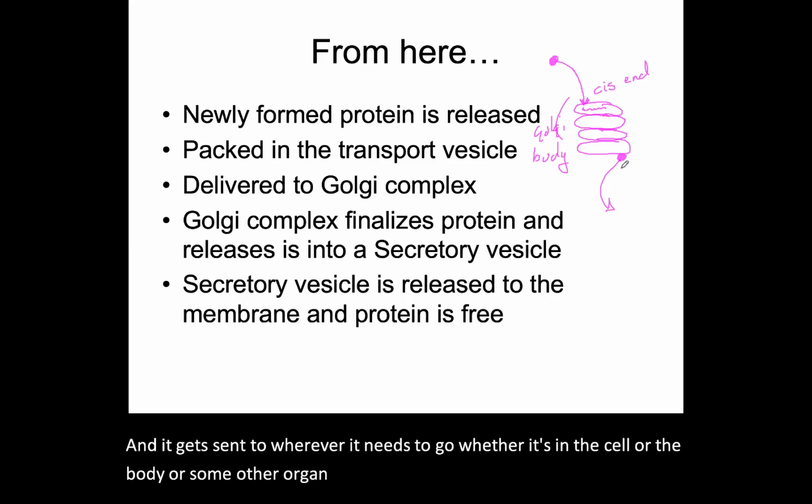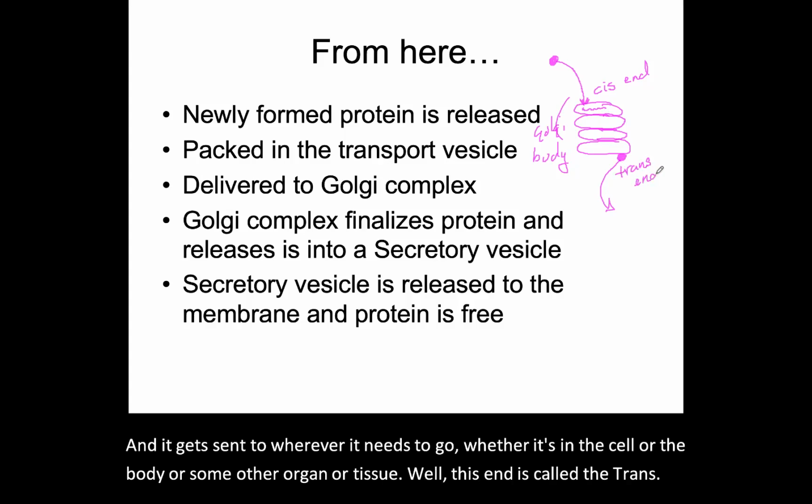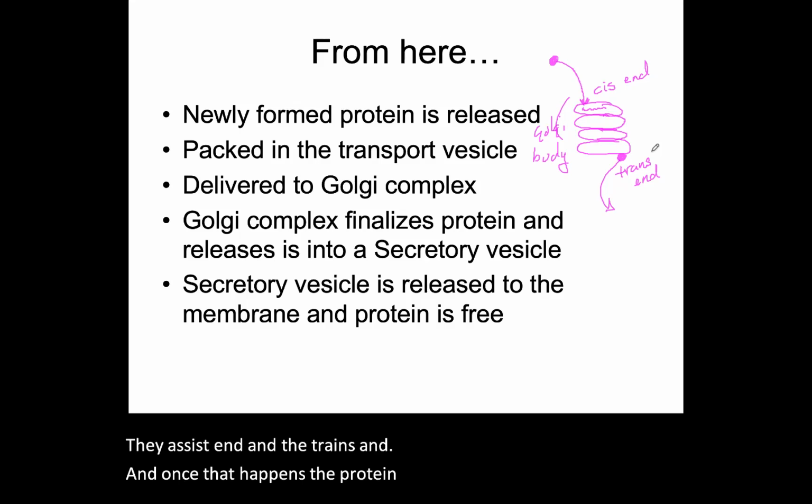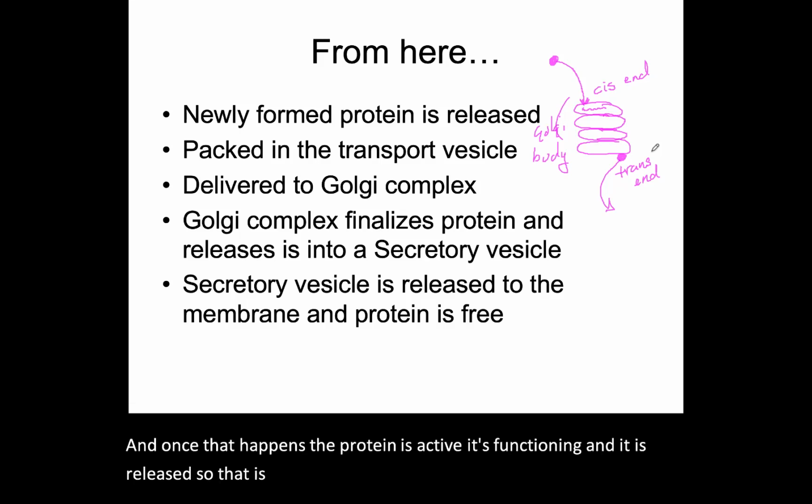Well, this end is called the trans end. Right? The cis end and the trans end. And once that happens, the protein is active, it's functioning, and it is released. And so that is the end of protein synthesis.